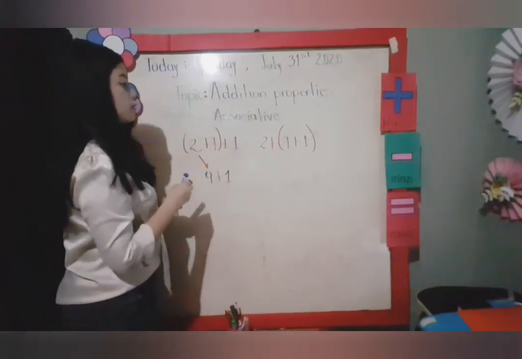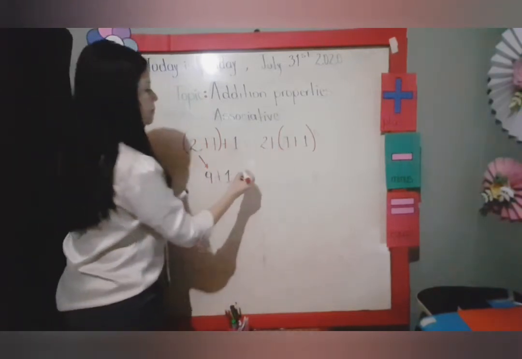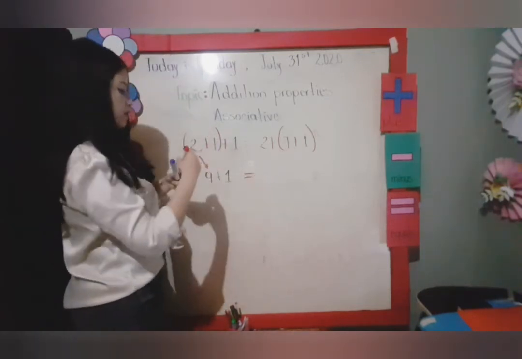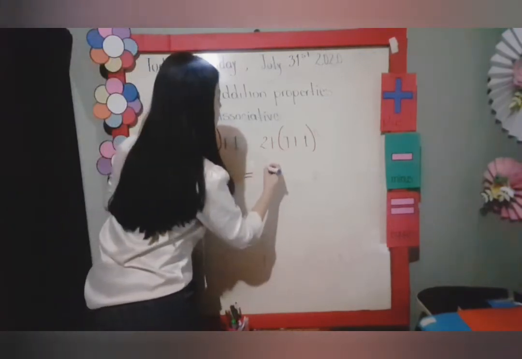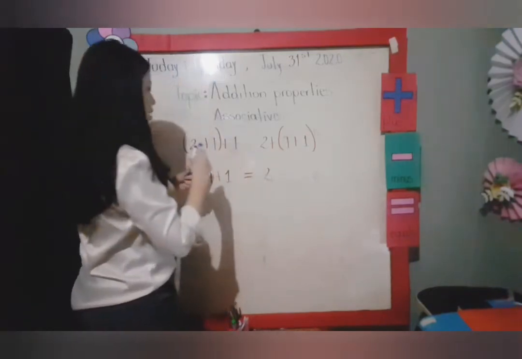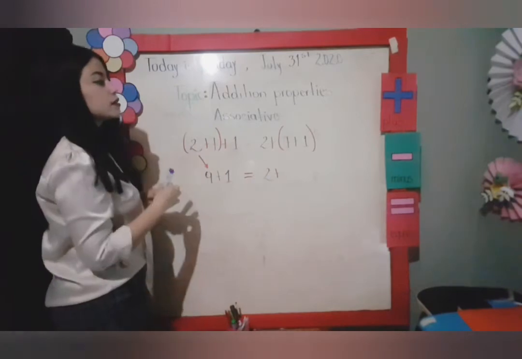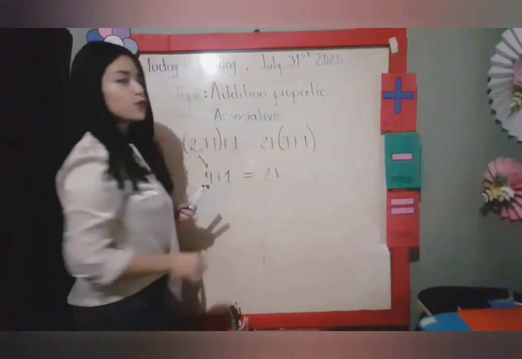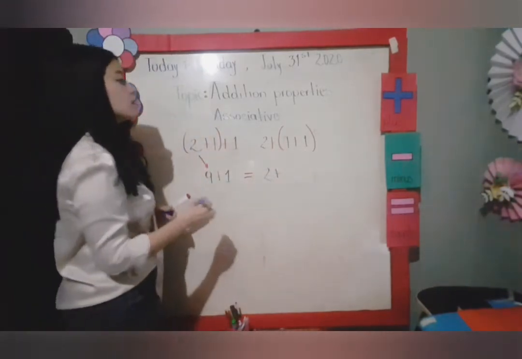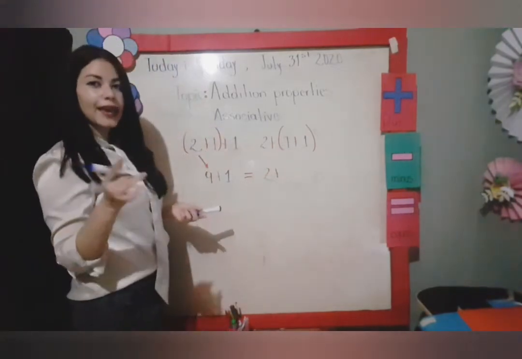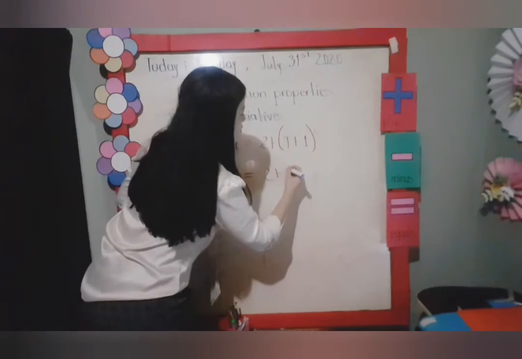The same thing with this side. You just have to write the number 2 plus, and add both numbers in parentheses. 7 plus 1 is equal to 8, right? So write the number 8.